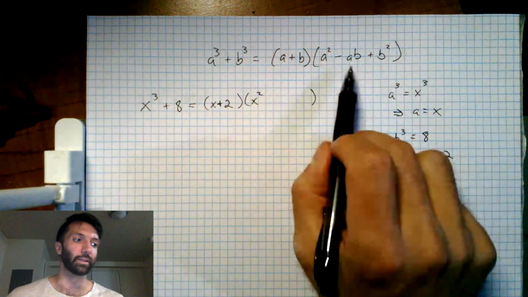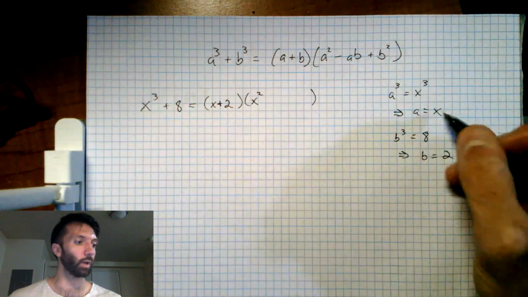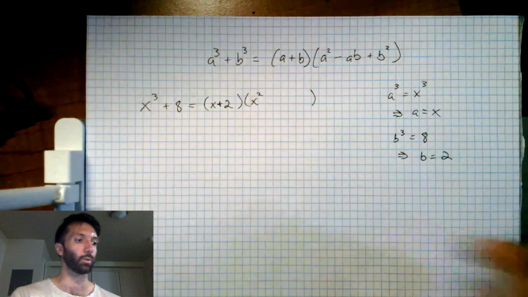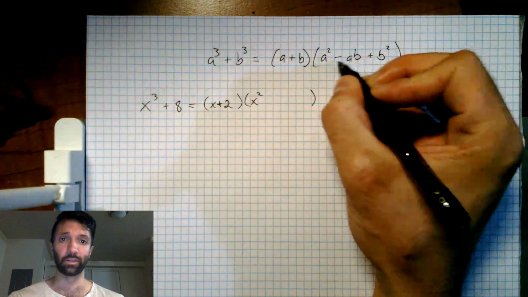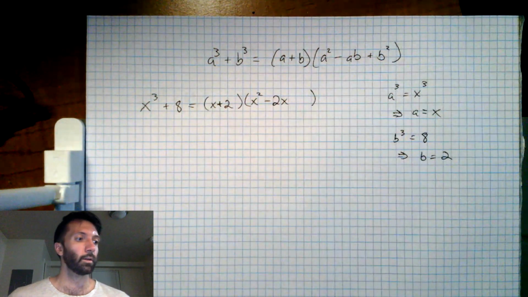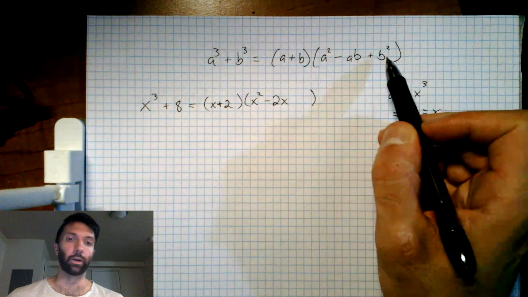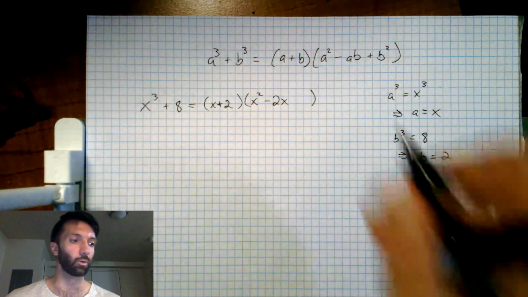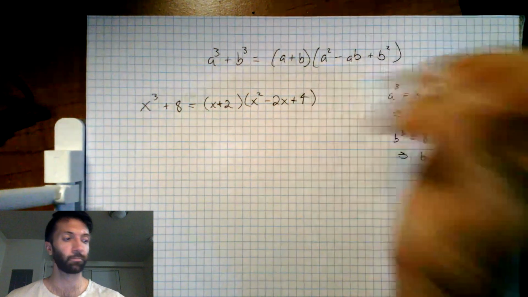And then we have minus a times b. Well, a times b would be x times 2, or in other words 2x. So we can keep in mind there's a subtraction here, so it's minus 2x. And then plus b squared, and b again is 2, so b squared would be 4, so plus 4.